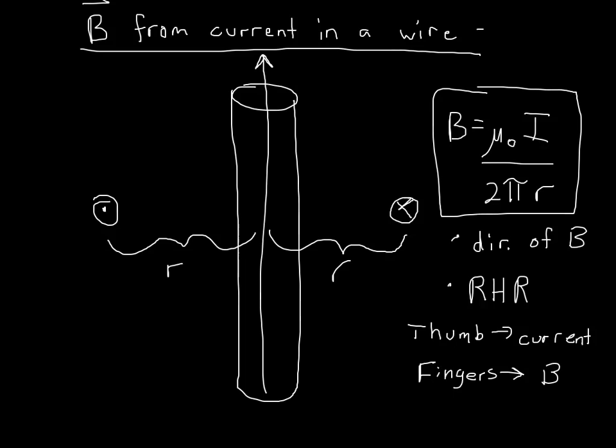And then the next thing that we're going to want to do is figure out what happens if I take a charge and make it move in this magnetic field. So I'm going to take a charge, put it in this magnetic field, and have it moving at some velocity v. Any charge that's moving in a magnetic field is going to experience a force, and we can calculate that.